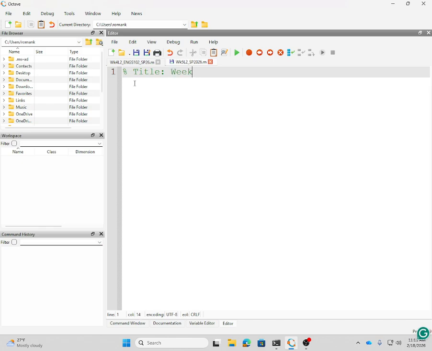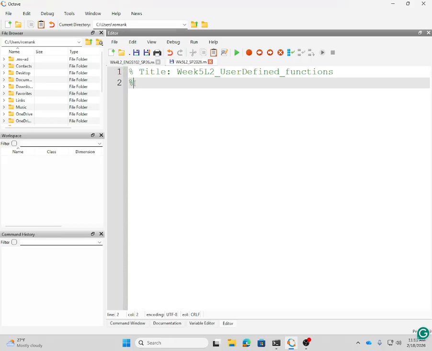So this is week 5, lecture 2, user defined function. Title, description. Now all those things need to be under comments, right? Creating our own functions in Octave or MATLAB.